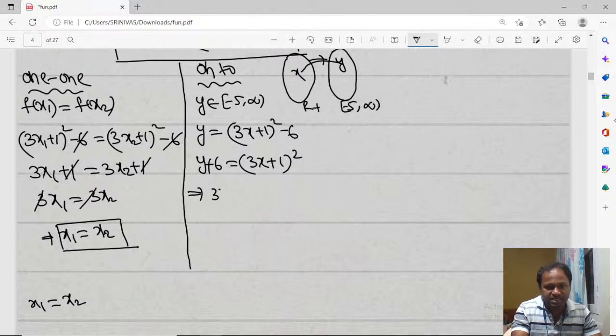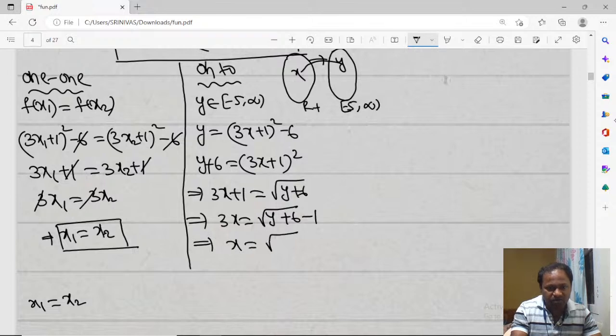That implies 3x + 1 = √(y+6), which implies 3x = √(y+6) − 1, so x = (√(y+6) − 1)/3.